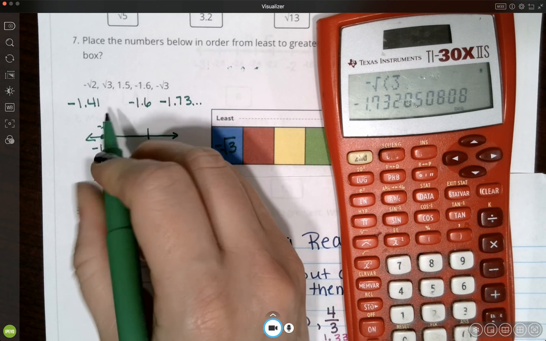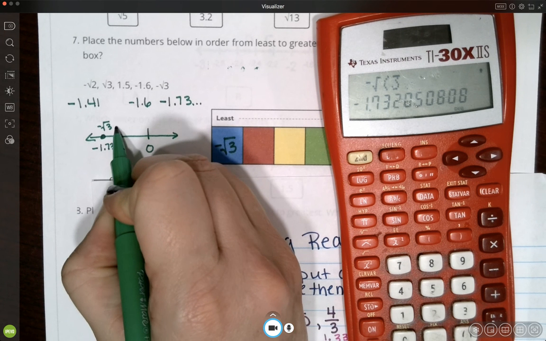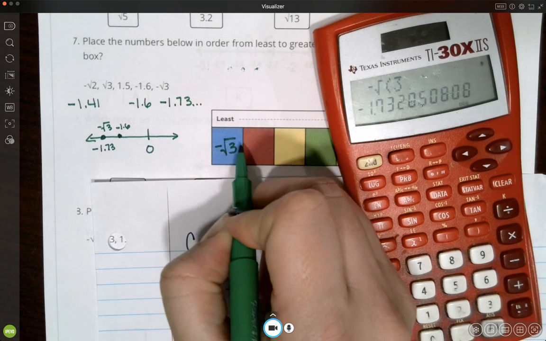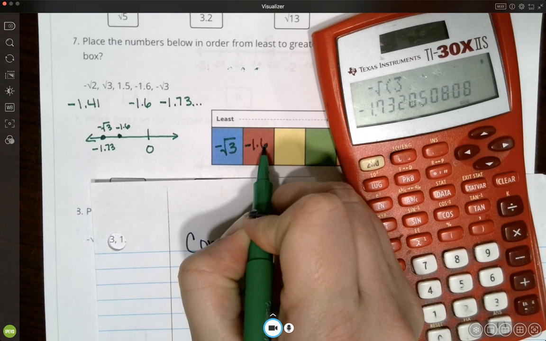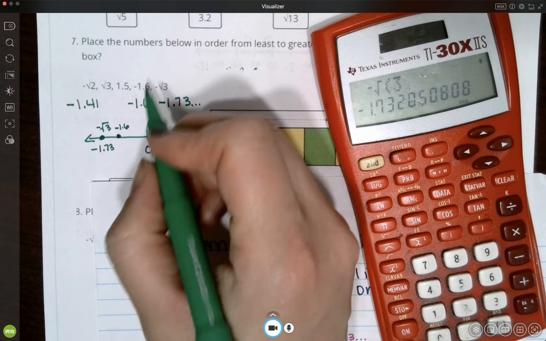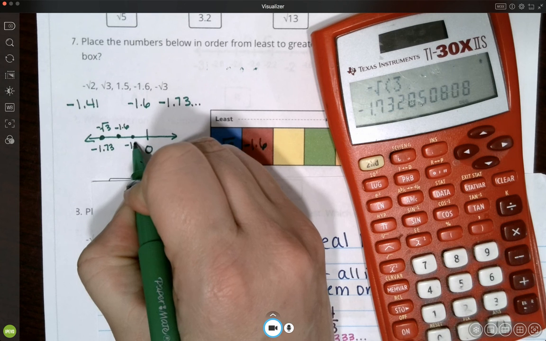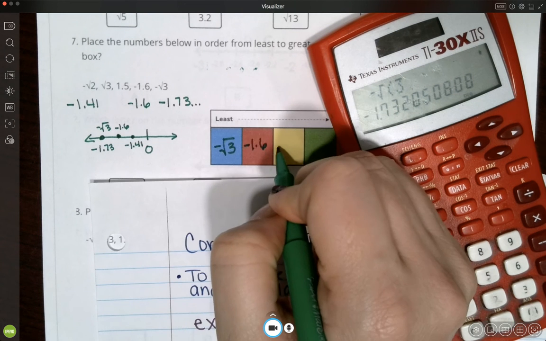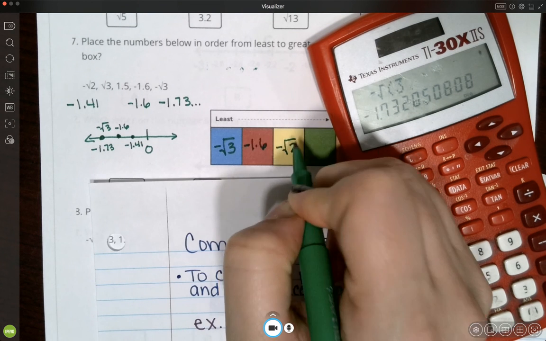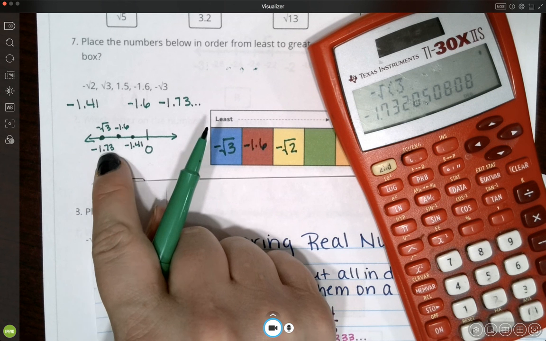Negative 1.6 would be the next smallest. And then finally, negative 1.41, or the negative square root of 2, would be the next smallest.